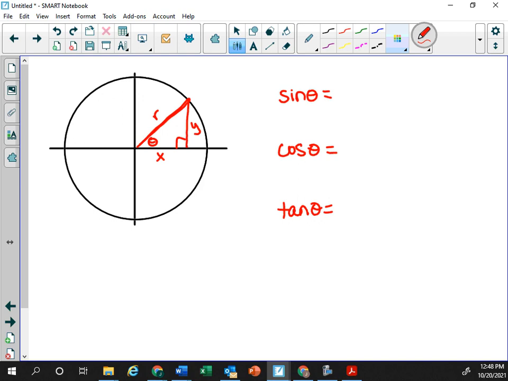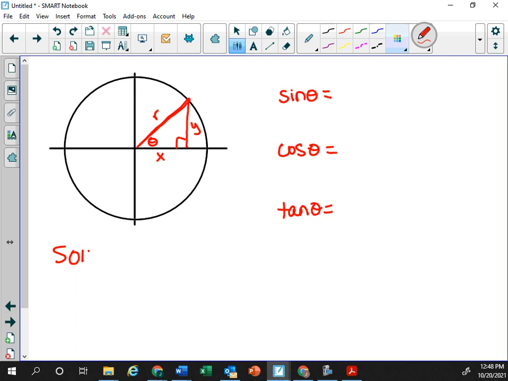All right, dig in your brains back to sine, cosine, and tangent from geometry. Do you guys remember SOHCAHTOA? We got to dig deep, guys. All right, SOHCAHTOA, sine is opposite over hypotenuse.